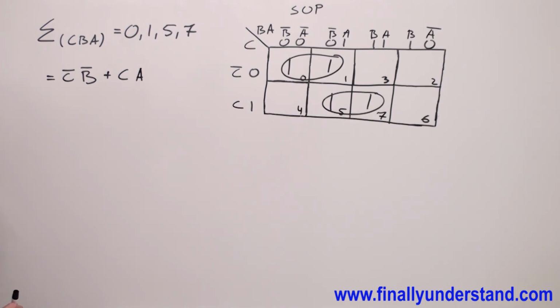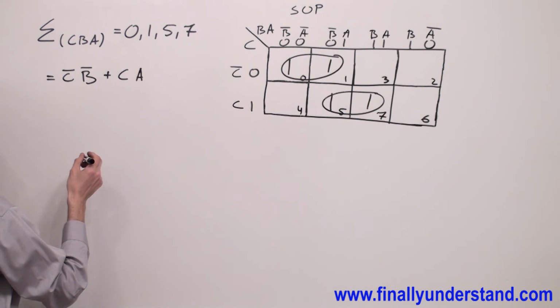Check, can we factorize something? Not really. Can we convert this to exclusives? Not really. So simply we're supposed to implement it.